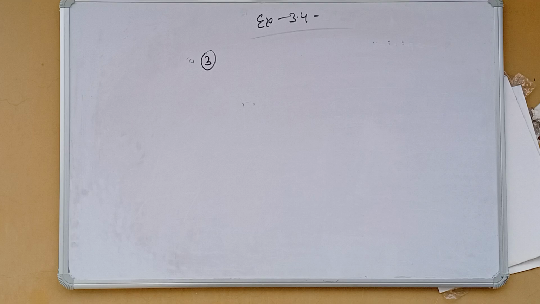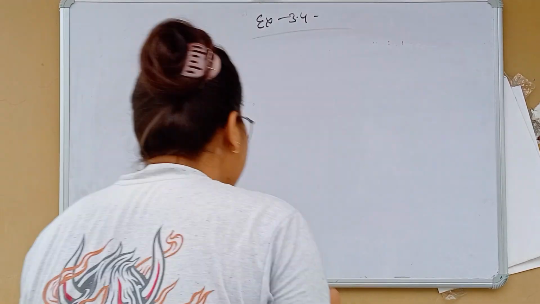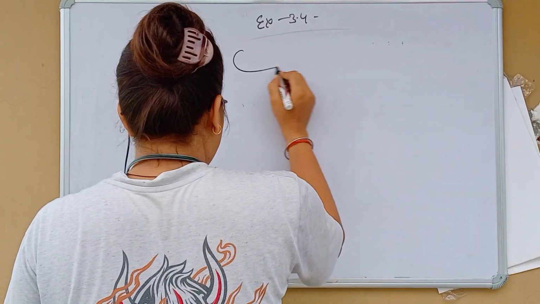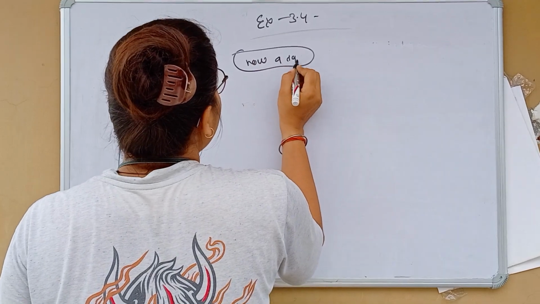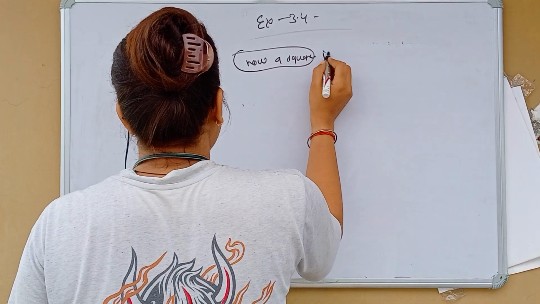What is the third question? The third question says: explain how a square is a quadrilateral.